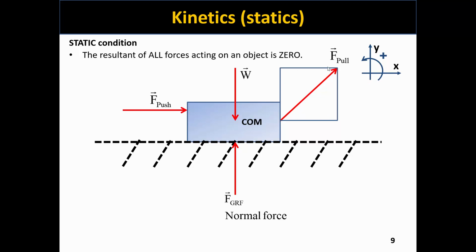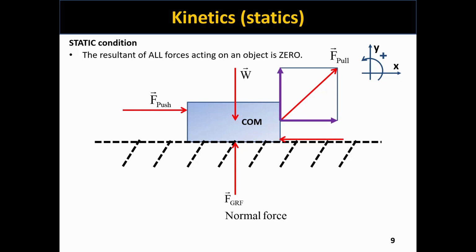In this case, it happens to be a perfect square. This vector will have a component along the x-axis and a component along the y-axis, and that is how we would move forward with our static analysis.